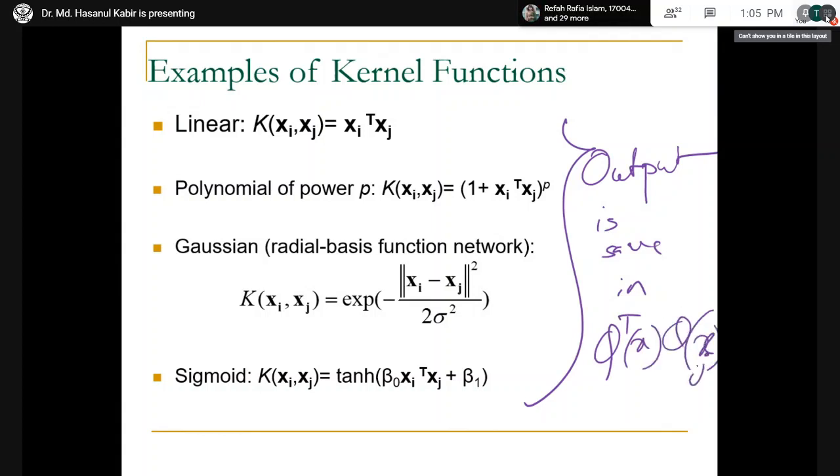If I just want to differentiate, I will write it as xi transpose xj, which is the same as Z transpose Z. Is this clear? Yes, sir. So that means with the kernel trick, I can save computation but get the same output.